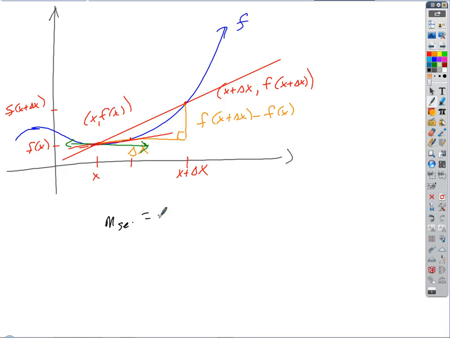Just rise over run. There's my rise and there's my run, so it's f of x plus delta x minus f of x, over delta x. That's our slope triangle.